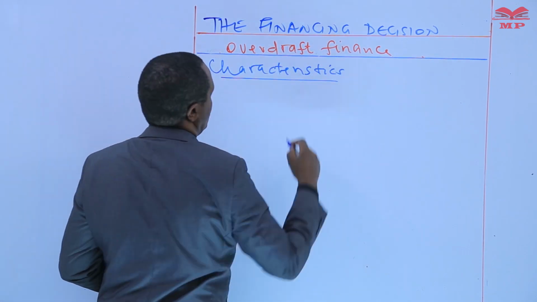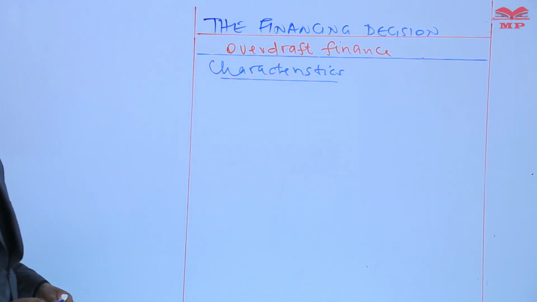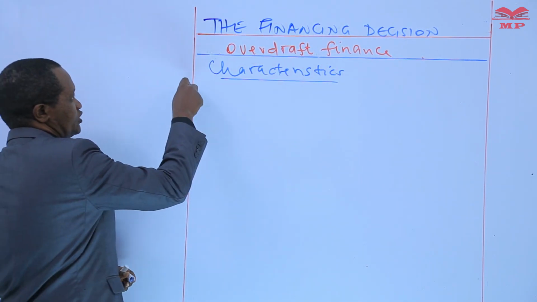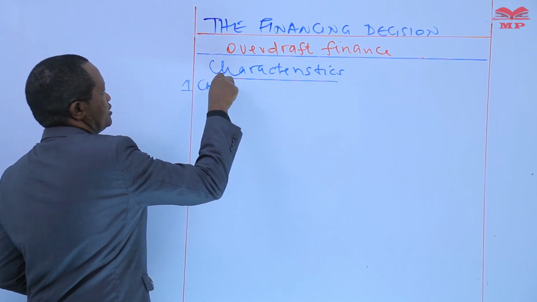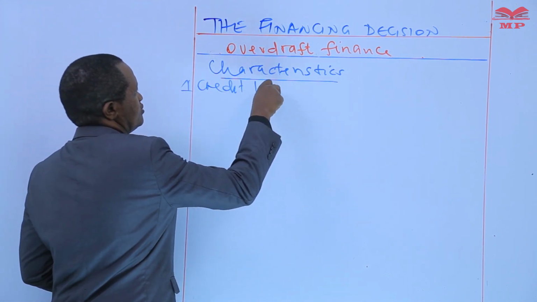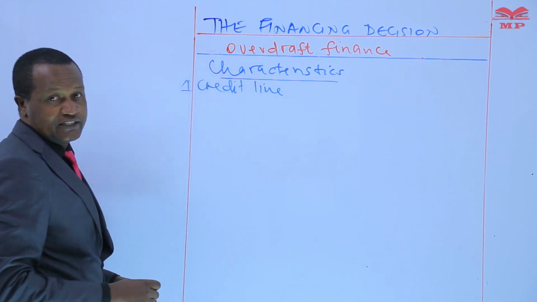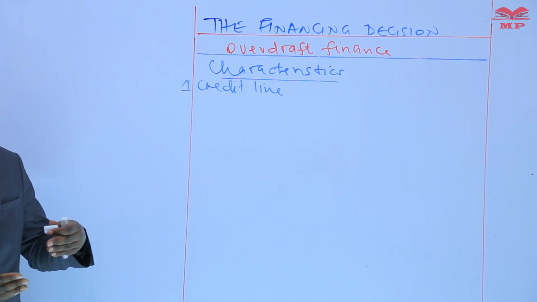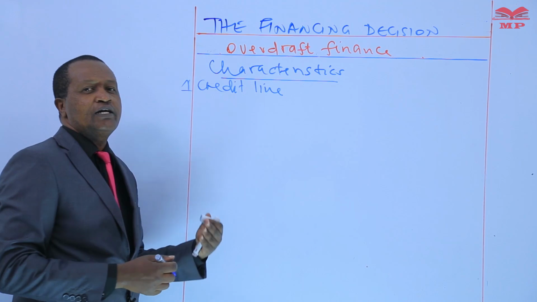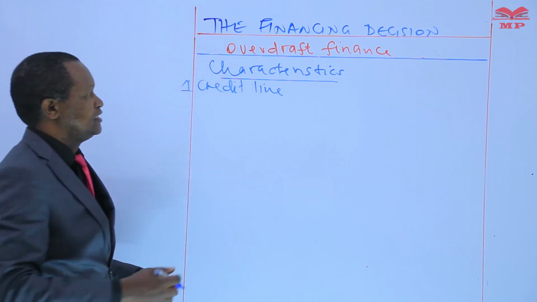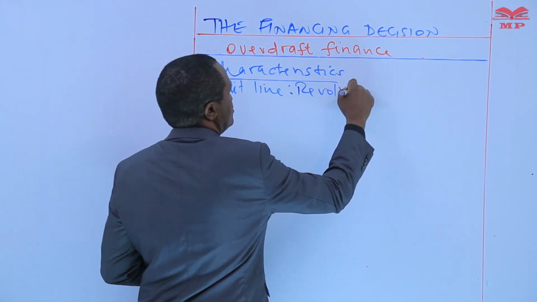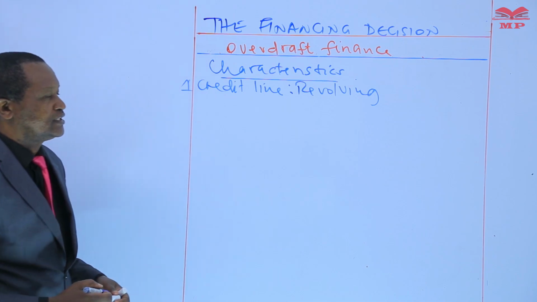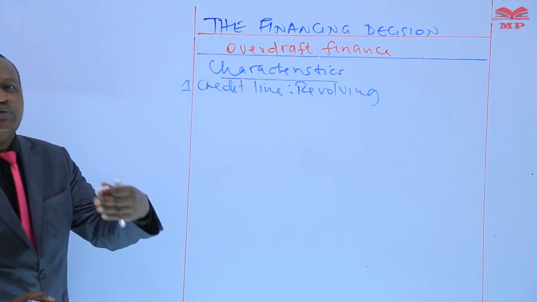characteristics of overdraft finance. The first one is in relation to credit line. Overdraft finance provides businesses with a revolving credit line, which means that the facility can be used repetitively.